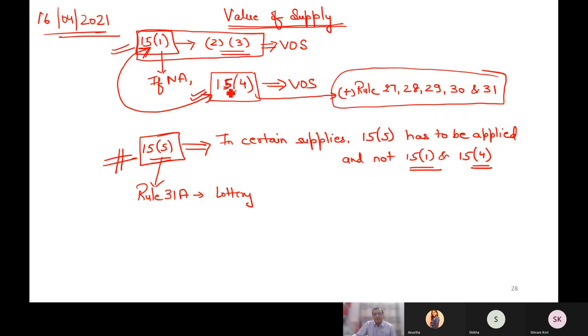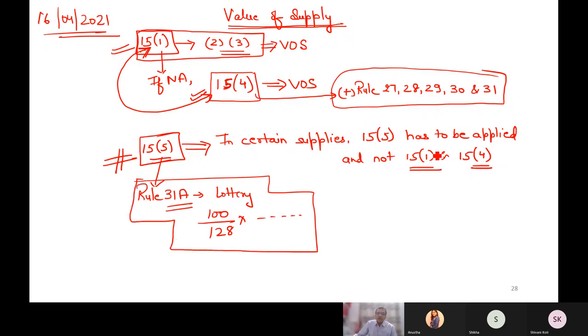Directly I applied whatever rule 31A was saying to me. 100 divided by 128 multiplied by something. So in such cases you can easily check that without application of 15.1 and 15.4, I have directly computed the value in case of supply of lottery. So under 15 subsection 5, one such rule is rule 31A, where I have directly computed the value as per the manner given under rule 31A. So I have discussed only one rule of 15.5.